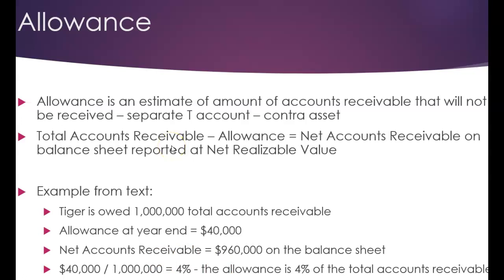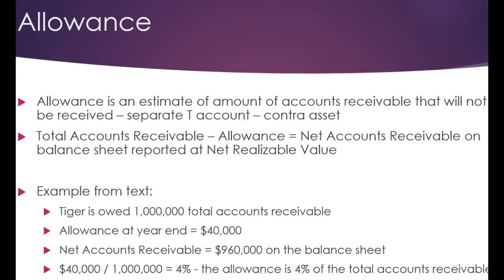Now, the example in this particular slide is fine, but I want to just talk about the logic and the accounting for it in the FASB records. We have to create an allowance of what we think may go bad.